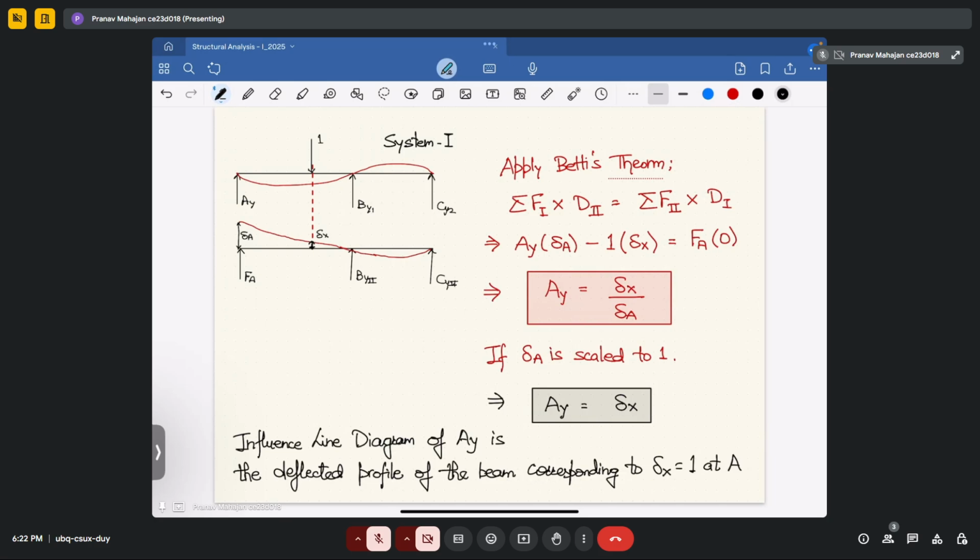So due to the application of unit displacement at point A, you will observe the deflection profile of the beam, and if you then apply Betti's theorem, you will be able to get reactions at different points of the beam. Fine.